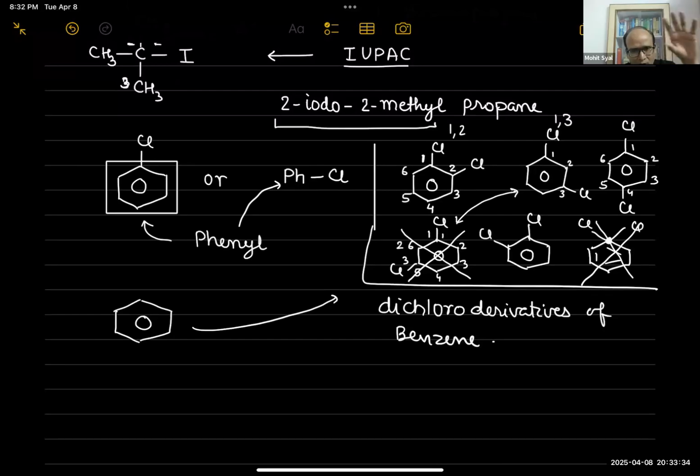From wherever you have an atom nearer, you will move that side. So don't follow a longer path to do the numbering. And this is also not 1,6, this is 1,2 only. Is that clear? So it is not a new compound, it is the same as that of 1,2.